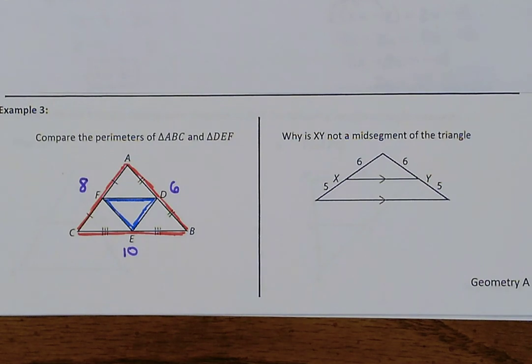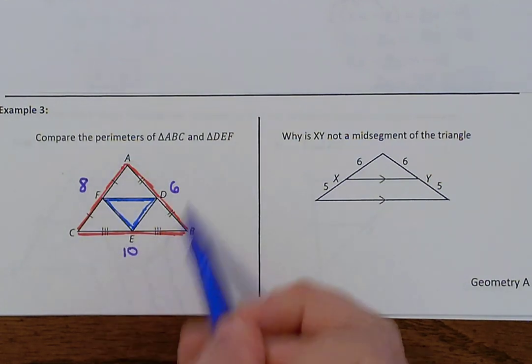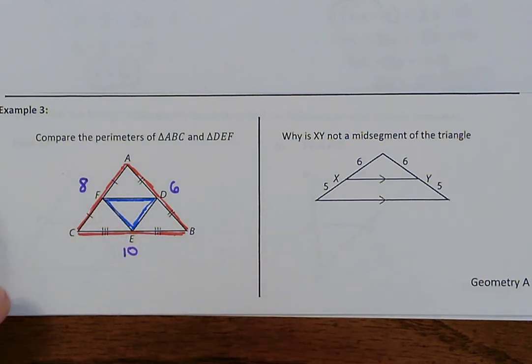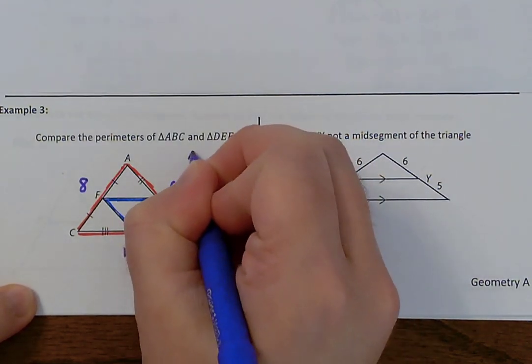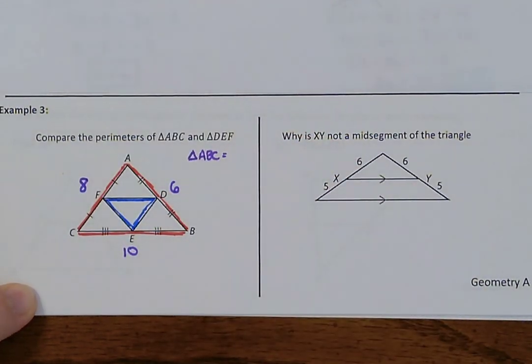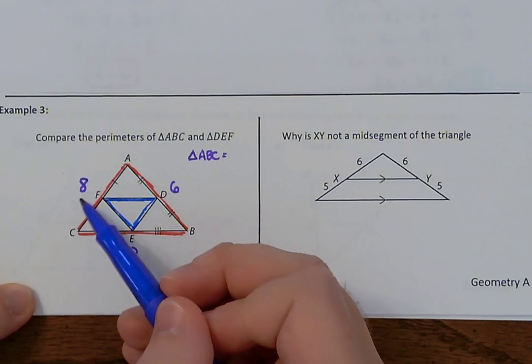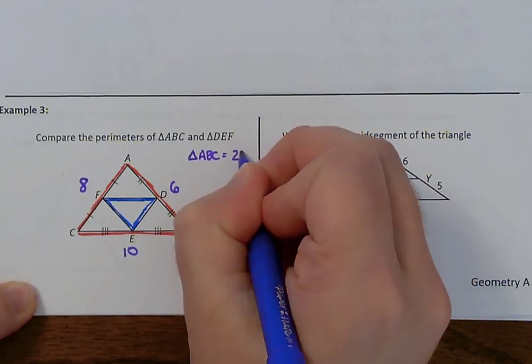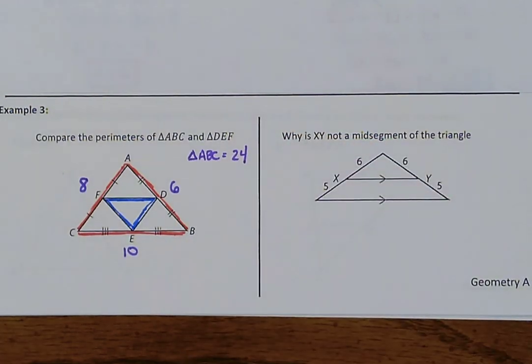So, if I were to say that these are the lengths of all these sides, the perimeter of triangle ABC, the perimeter is adding up all 3 sides. So 8 plus 6 plus 10, and that gives me 24. So the perimeter of triangle ABC is 24.